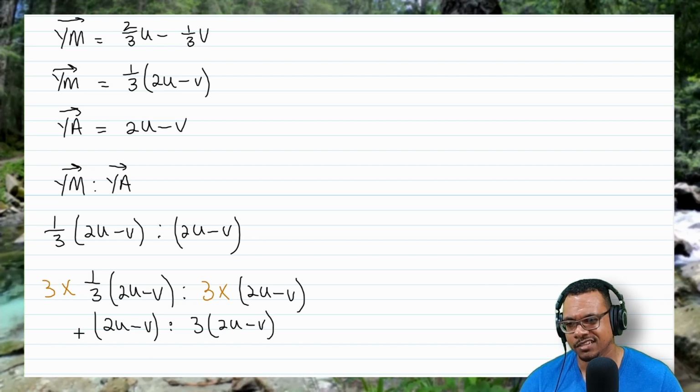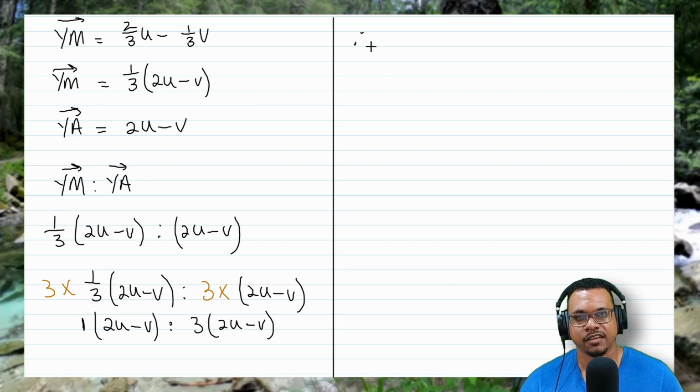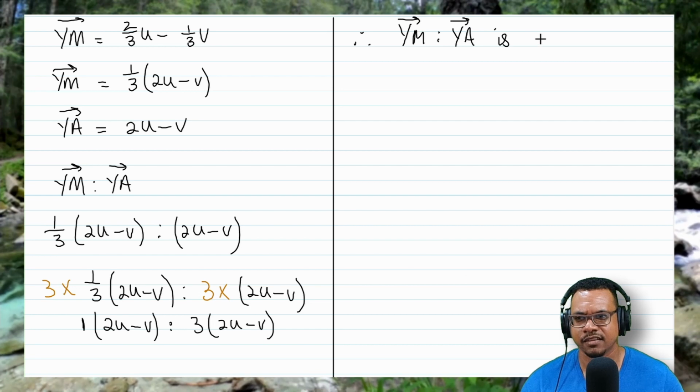Well, 3 times 1/3 is 1, right? So I'm just going to put the 1 here so you can see the 1 clearly. And that's why you show the ratio is 1 to 3. All right, so I was going to put therefore the ratio of YM to YA is 1 to 3.